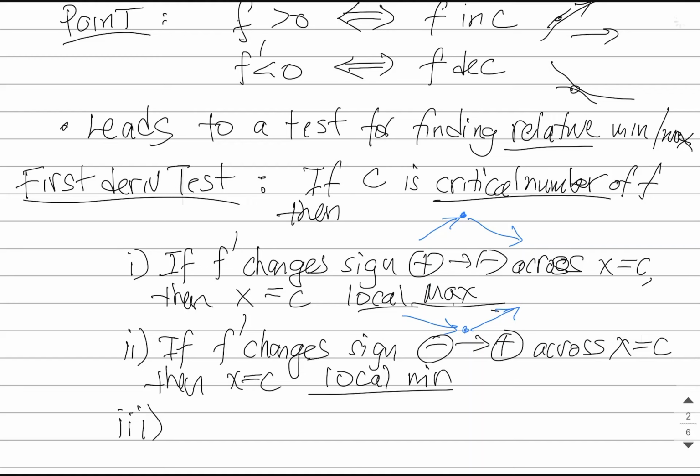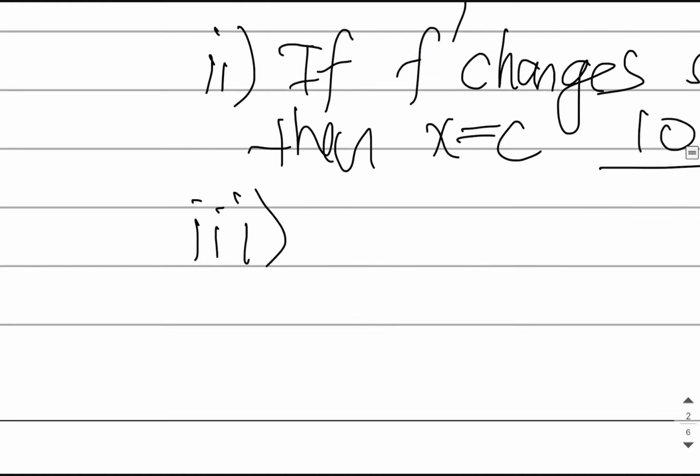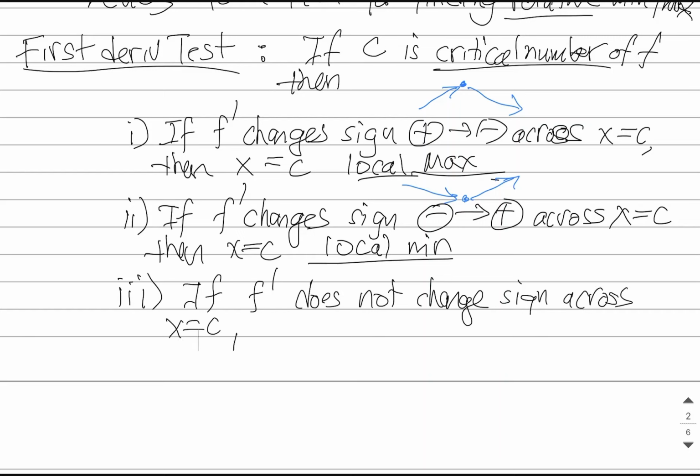Now, that all seems very reasonable, but there's one last case that's important here. If you look at these first two items, they're both about f prime and the sign change of f prime. So if f prime does not change sign, then you don't have anything. We have no local extremum.